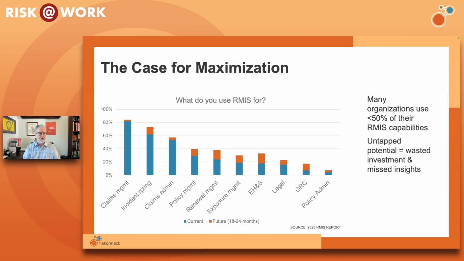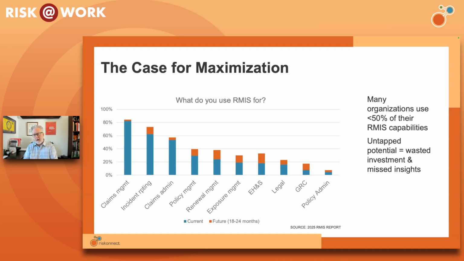The blue bar shows you where people are today. I've layered on top of that what our respondents tell us is their expectation to use it, so there's positive momentum being shown. Whether we'll see that in actuality year over year, if we'll see the growth in policy and renewal, we get a lot of activity, particularly in the area of renewal and exposure management, from our clients right now.